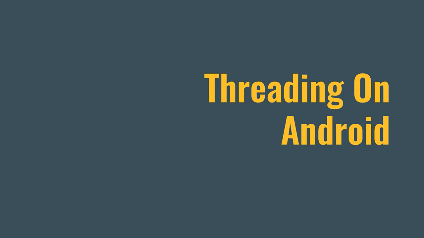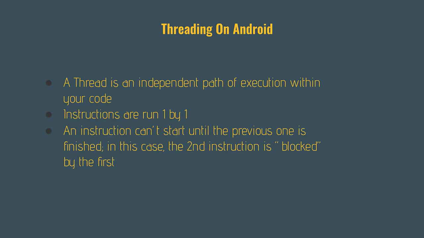Now, before we move on to anything else, we really should take a closer look at threading on Android. As a quick refresher of threads in general, a thread is an independent path of execution within your code. Within a thread, instructions are run one by one. These instructions are literally just lines of code.